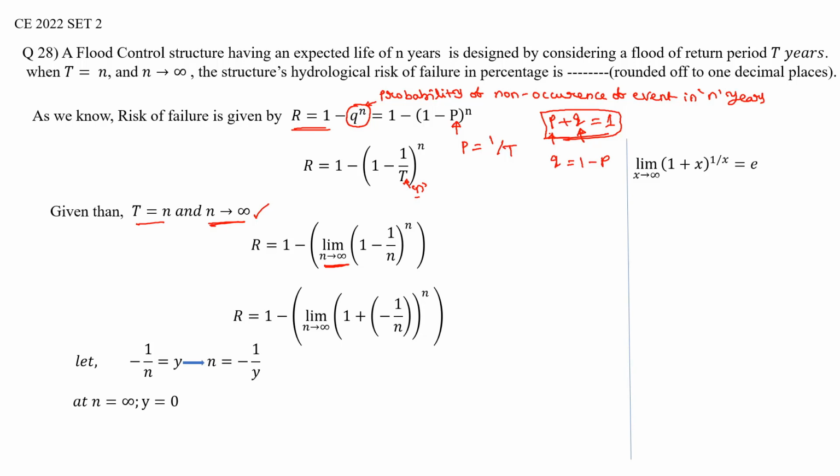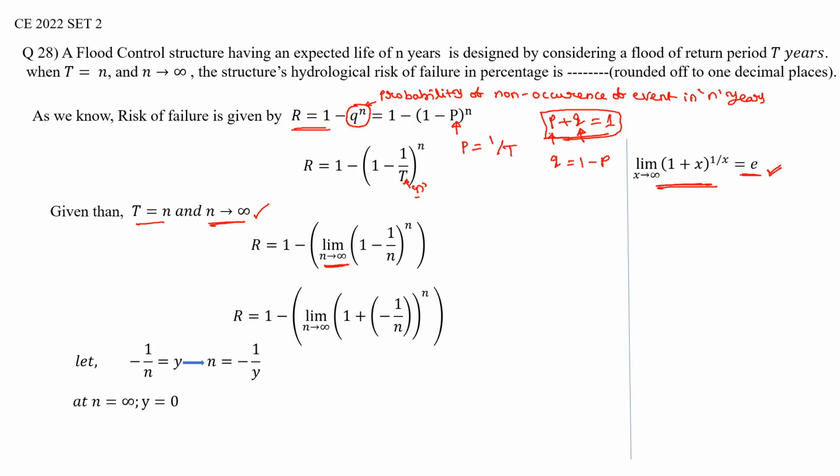Now what we do is we'll take this minus inside and put the plus, because we have this result from BTech mathematics: when limit x tends to 0, 1 plus x whole power 1 by x will give the value of e.